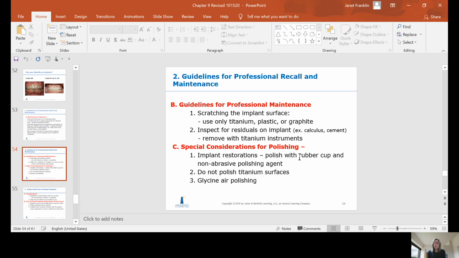Do not polish the titanium surfaces. So if the patient has some exposed implant, don't polish that with any kind of polish. And then glycine air polishing. I showed you earlier what the glycine air polisher looked like. That is a perfectly acceptable way to polish an implant.